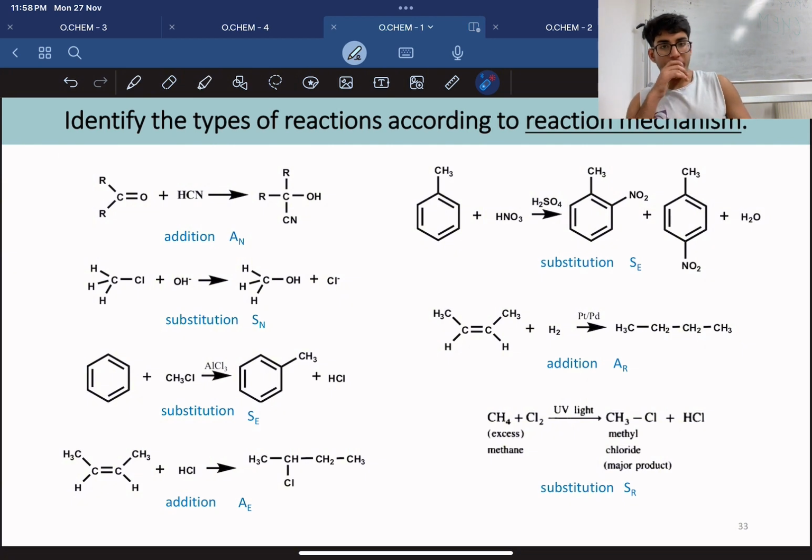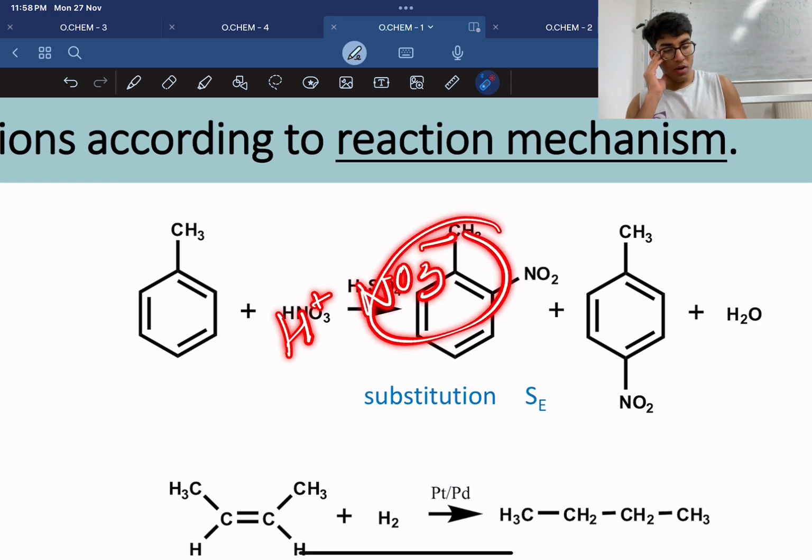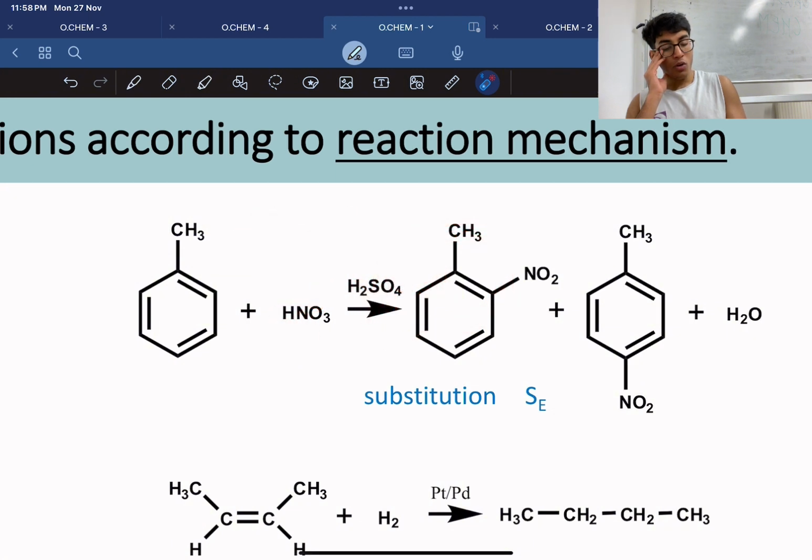Wait, if this is H plus NO3 minus, and NO3 minus attacks that. But no, okay, no. Look at this.